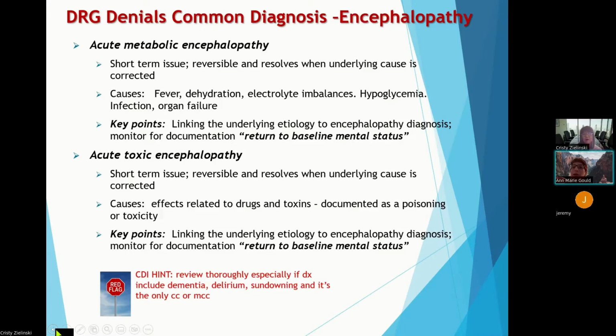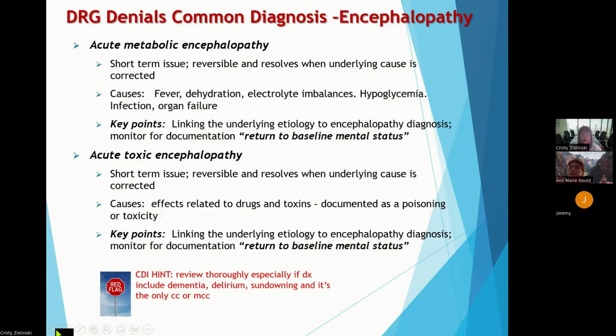You have to look at the whole picture to see exactly what is going on, and the treatment is really key for any diagnosis. If you don't have treatment, that's like saying the patient had acute blood loss anemia, but there's no source. They're documenting acute blood loss anemia. Why? Where did that come from?